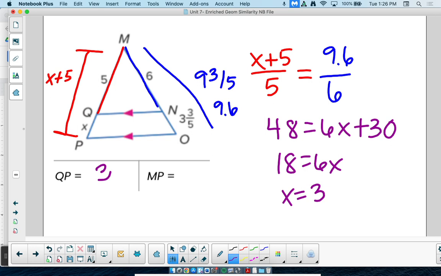Why is 6x equal 48 minus 30? We match. Okay, we're skipping the last one on this page because it doesn't work out.